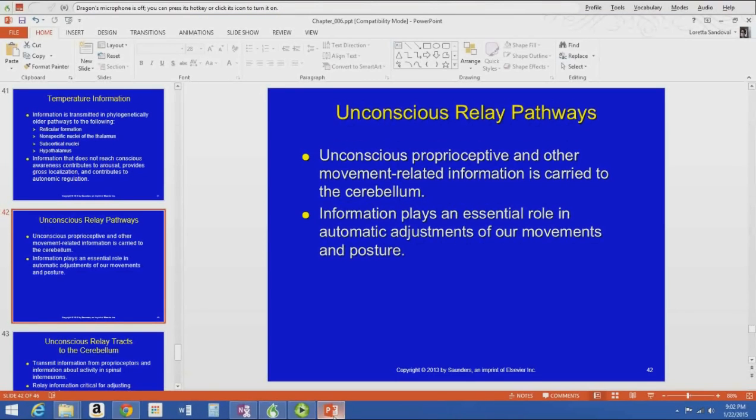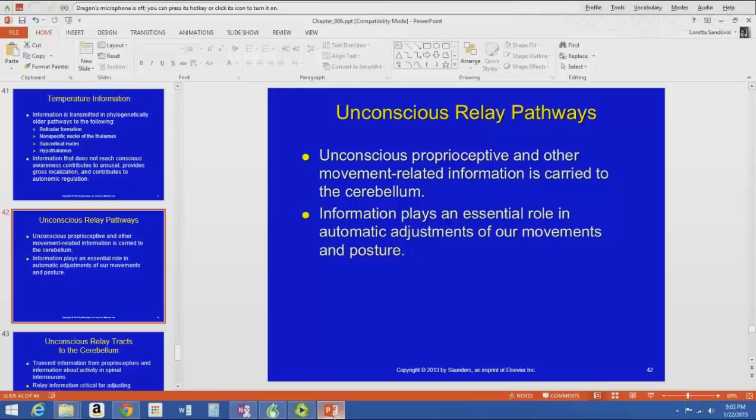So we're going to review. I'm going to go over this again just because it helps to get the information in there. The unconscious relay pathways relay unconscious proprioceptive and other movement related information straight to the cerebellum. So if I asked you what area of the brain the unconscious relay pathways end in, you would say the cerebellum.